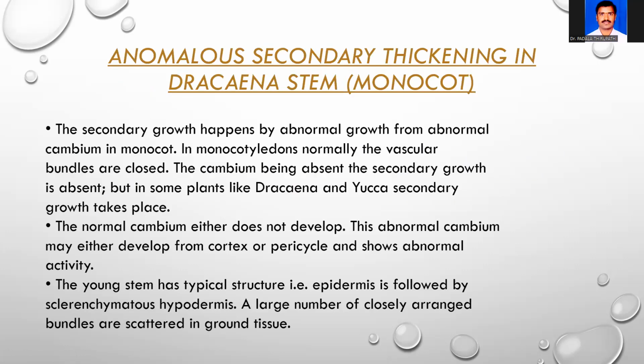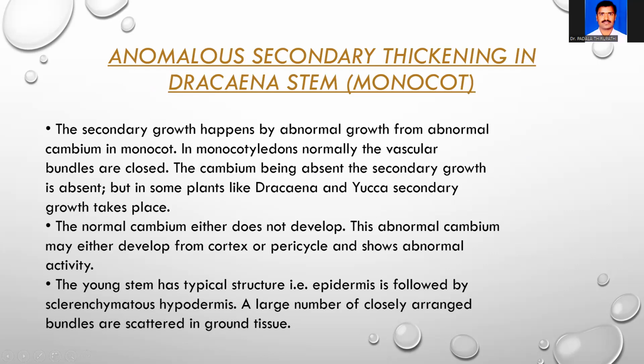Anomalous secondary thickening in Dracaena: the secondary growth happens by abnormal growth from an abnormal cambium in monocots. In monocotyledons, vascular bundles are generally closed type. Closed means the cambium is absent, and with the cambium being absent, secondary growth is also absent.